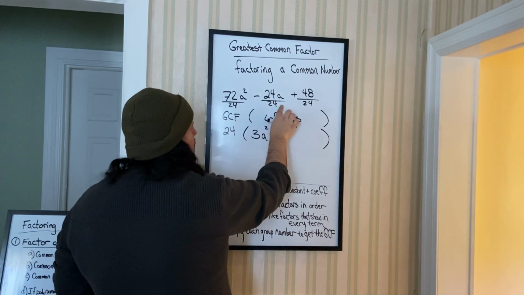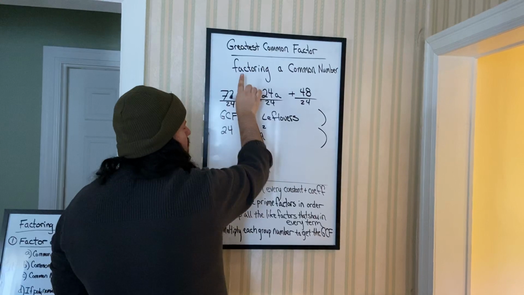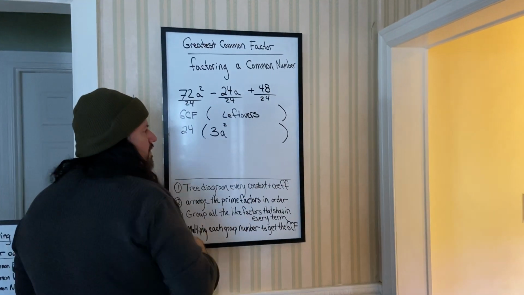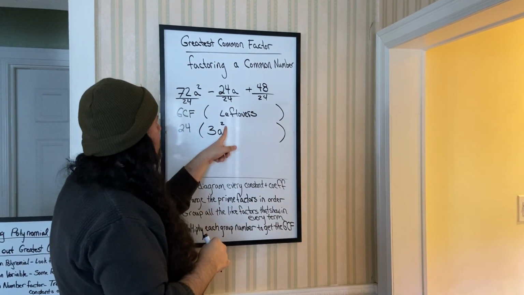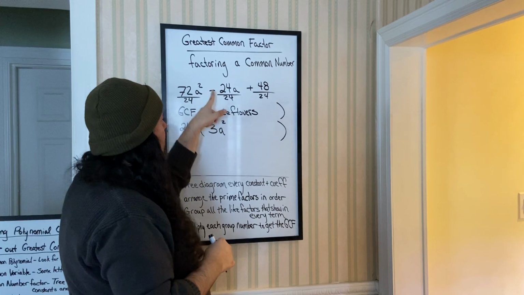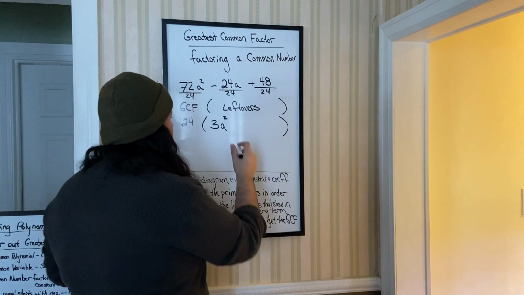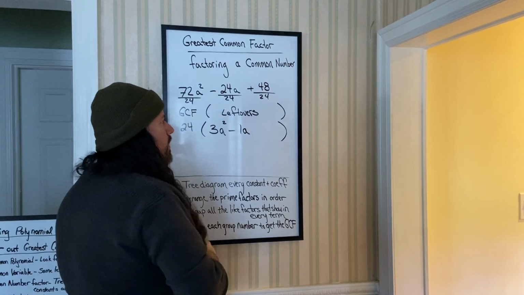Because remember, we don't have a common letter, so a squared versus no a's, you still got 2 a's left on top. Here, 24 and 24, remember, 24 divided by 24 is 1a, so you can either put negative 1a, or you know that you don't have to put the 1 here, and you can just say negative a. So either negative 1a or negative a, both will work.